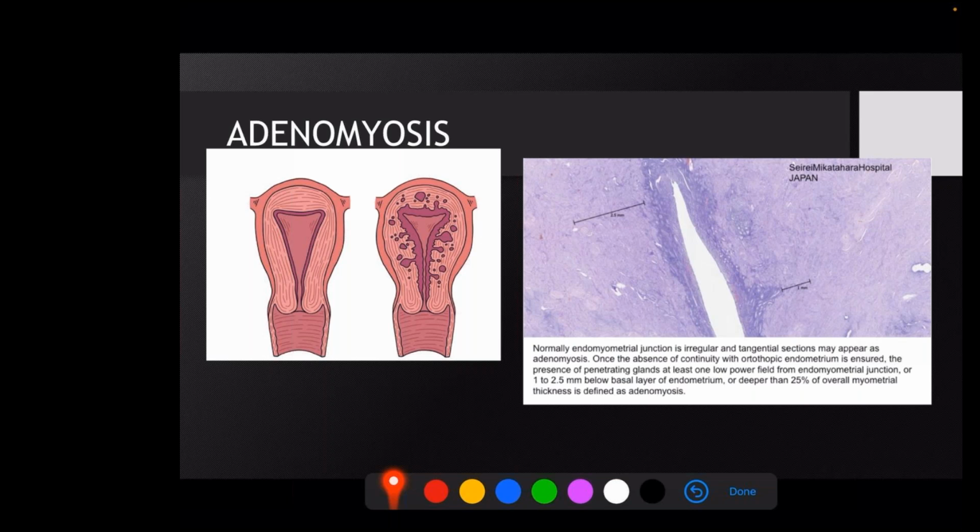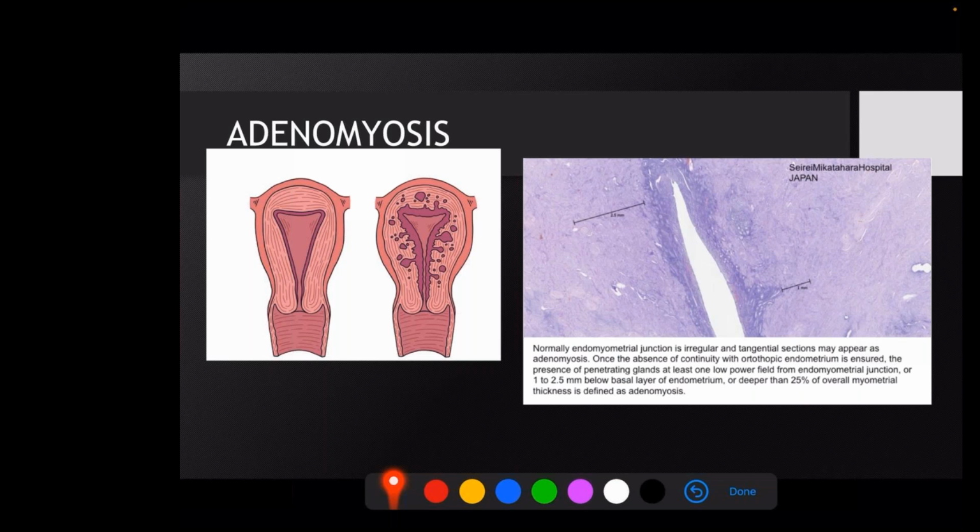Rarely, a localized adenomyoma protrudes into the uterine cavity as a submucous adenomyoma or adenomyomatous polyp. Microscopically, we can see islands of endometrial glands and stroma in the myometrium.